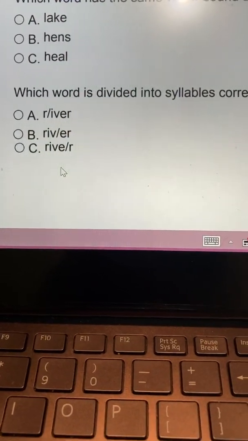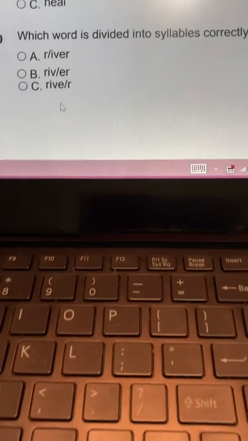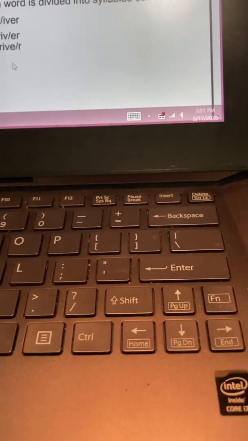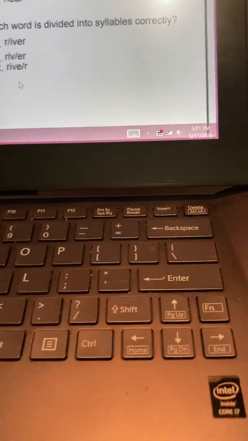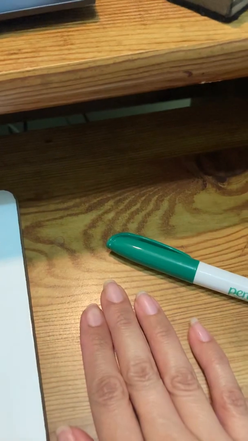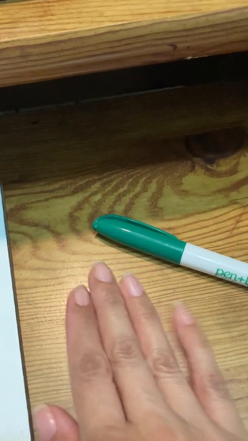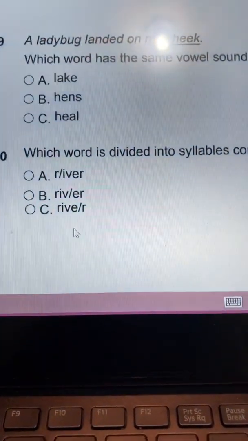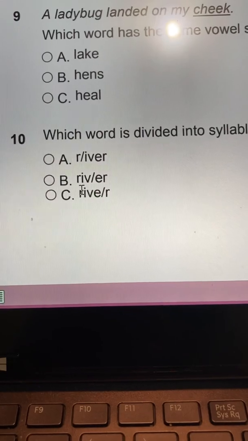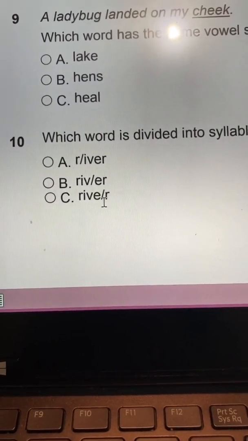Okay, so for example, we're not going to look at this word, but if I'm looking at the word maybe astronaut, that's a good one, and we clap it out, astronaut. Every time I clap, that would be a little dash in the word. So when you clap your word, be looking at it and see if the dash is right where you clap.